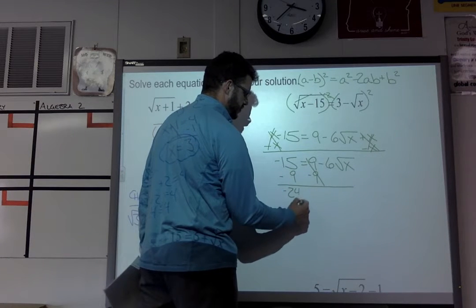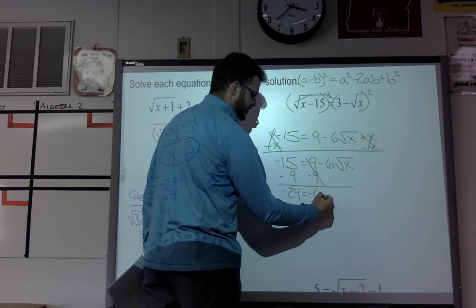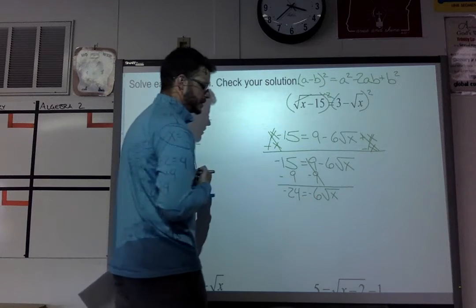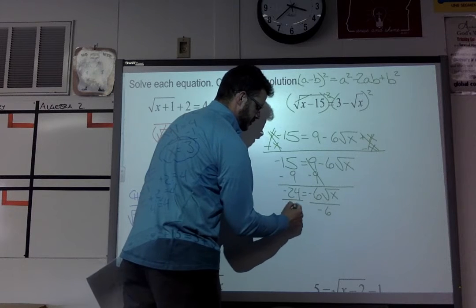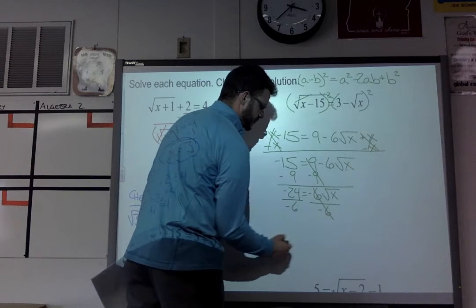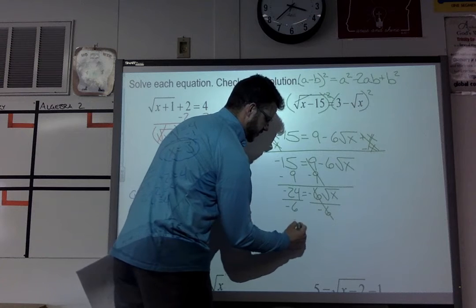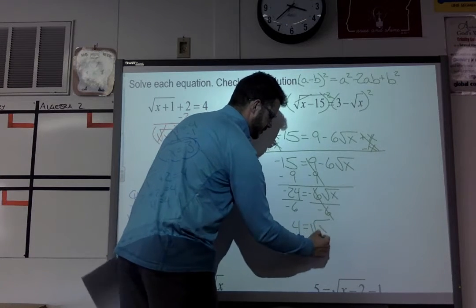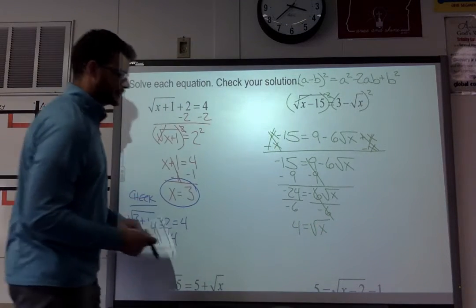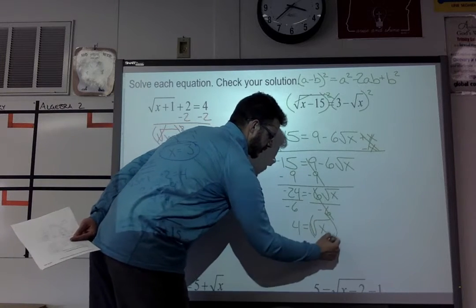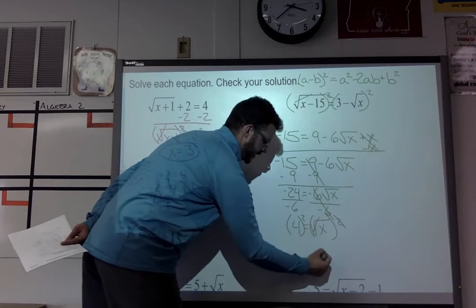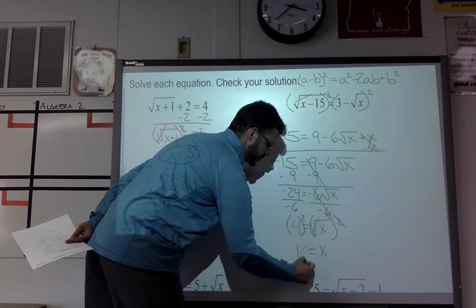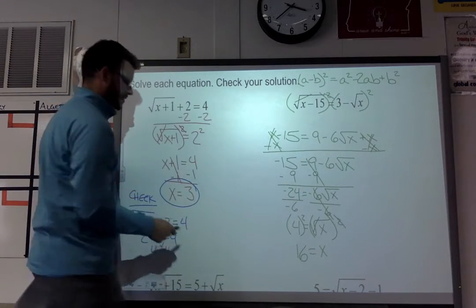So negative 24 equals negative 6 root x. Divide by negative 6. So those cancel. And I'm left with 4 equals the square root of x. Now in order to get rid of my square root, I'm going to square. And I get x equals 16 as my answer.